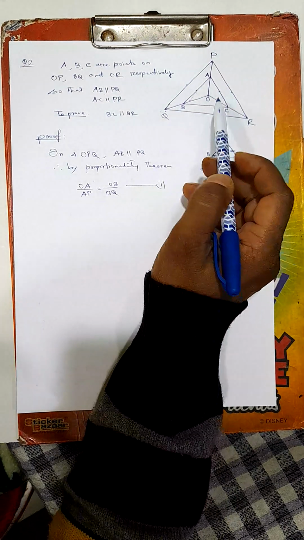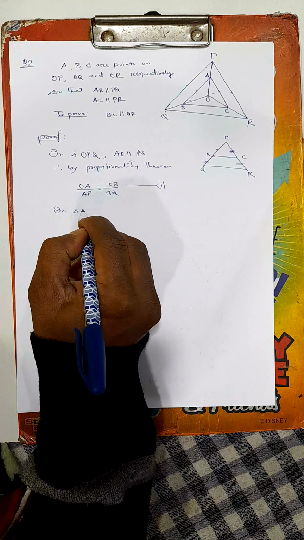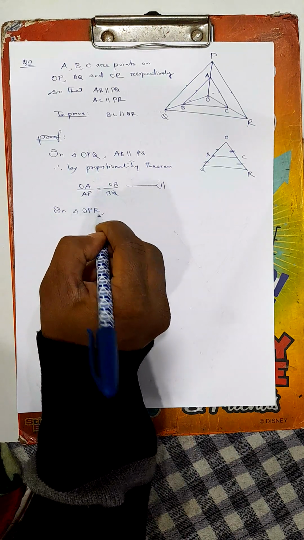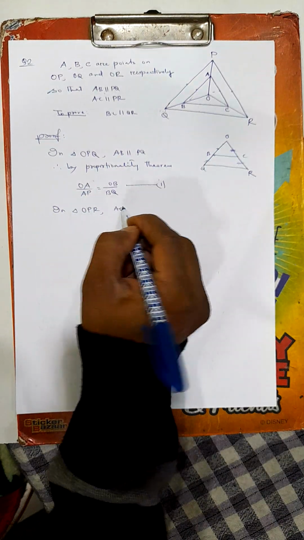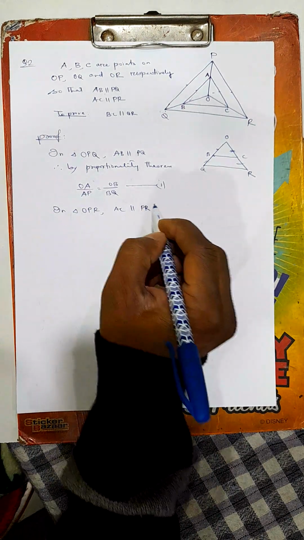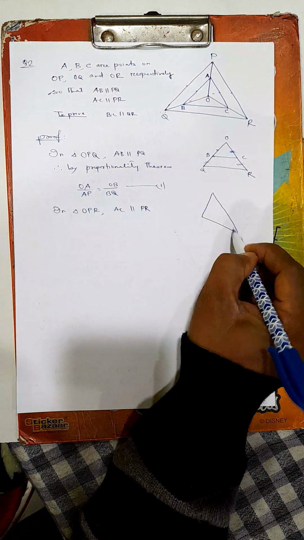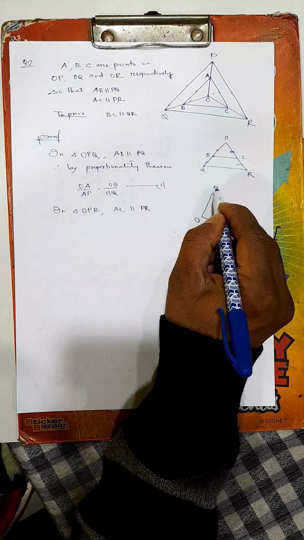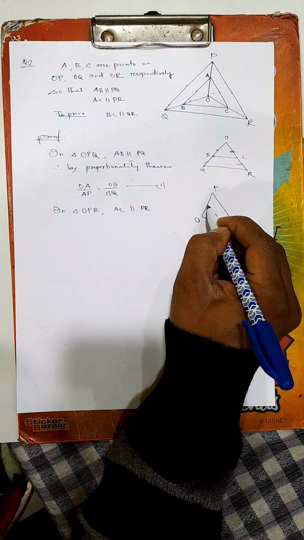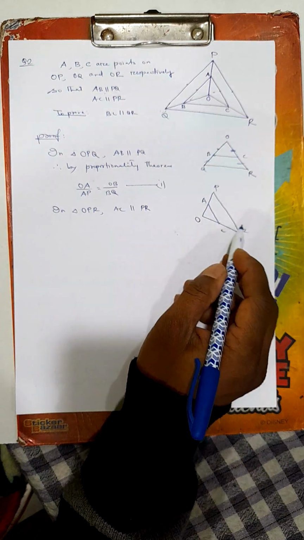Now let us come to this triangle OPR. In triangle OPR, you are given that AC is parallel to PR.